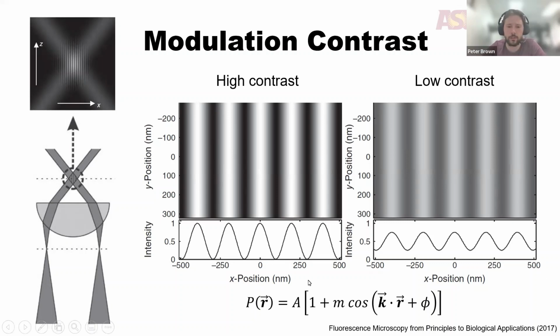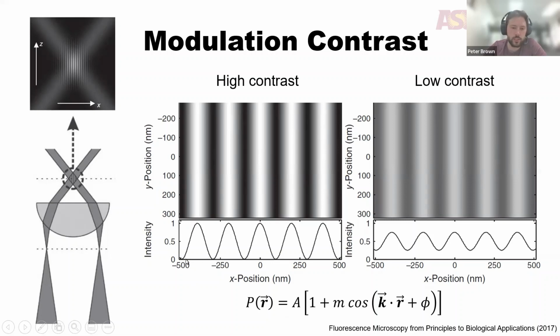A typical SIM pattern looks like this. This is the type of cosinusoidal or sinusoidal pattern we've already discussed. And the important parameters here are the frequency, the phase, and this modulation contrast value, which can range between 0 and 1. And so this gives you important information about the pattern.